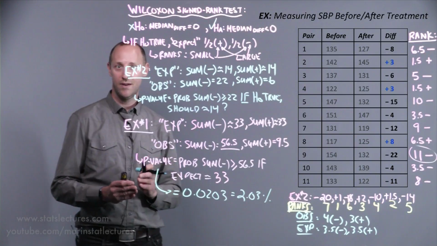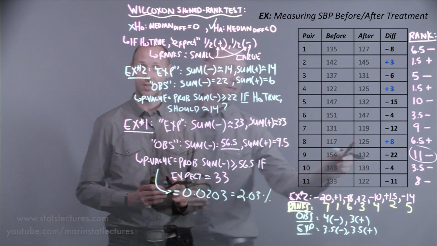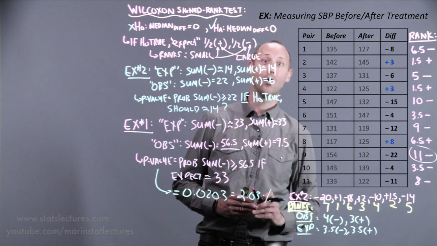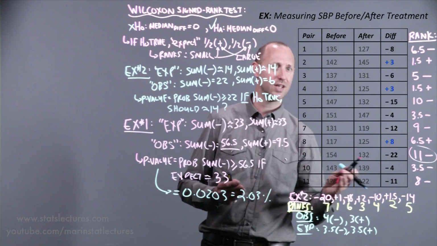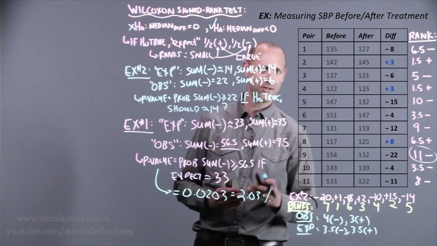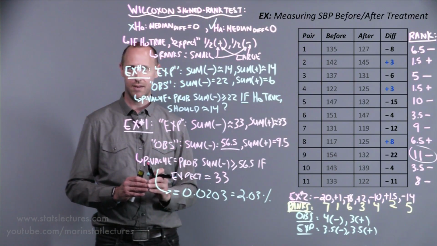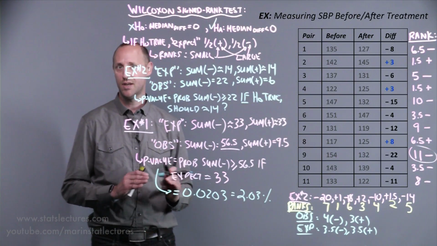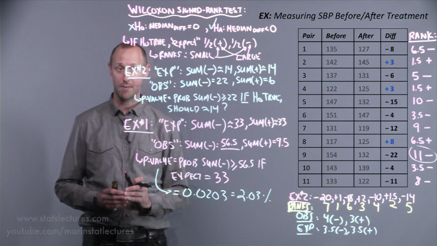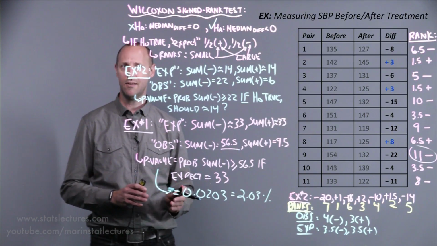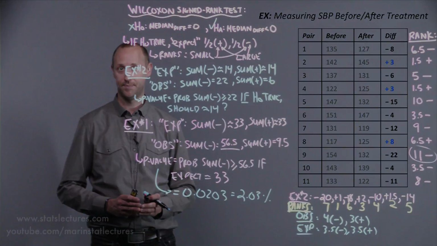A negative of using ranks is it throws away some information. Seeing a decrease of 22 or a decrease of, say, 26, those are slightly different pieces of information. The decrease of 26 might be a bit more informative or a bit larger, and you're losing some of that. So there are gains and losses to these non-parametric approaches versus parametric, but just a reminder, they're a slightly different way of getting at the same problem.